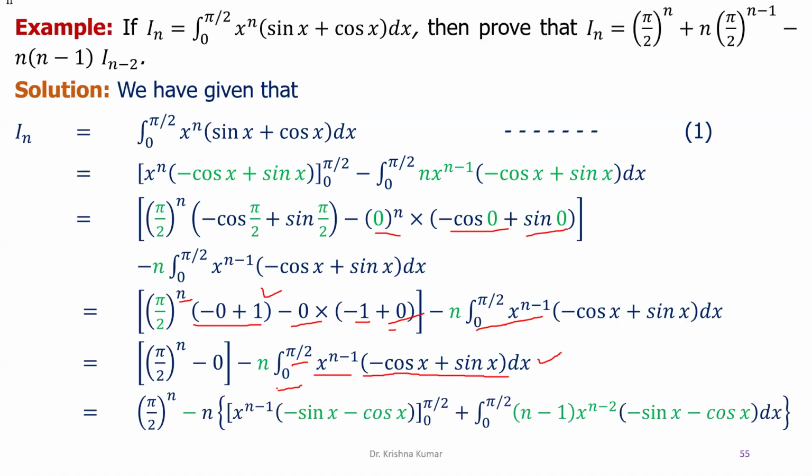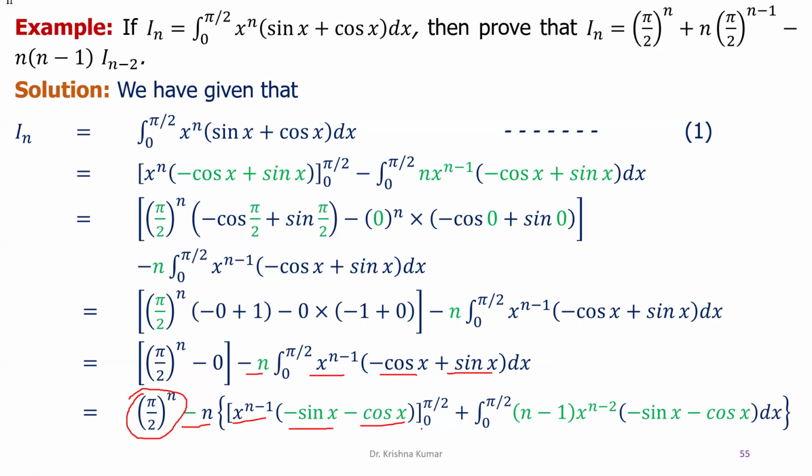Now here we again apply integration by parts. The first part is nothing but (pi by 2) to the power n. For the second part we are again applying it, so minus n we have taken outside. First function x to the power n minus 1, integration of minus cos x plus sin x is minus sin x minus cos x, under the limit 0 to pi by 2.